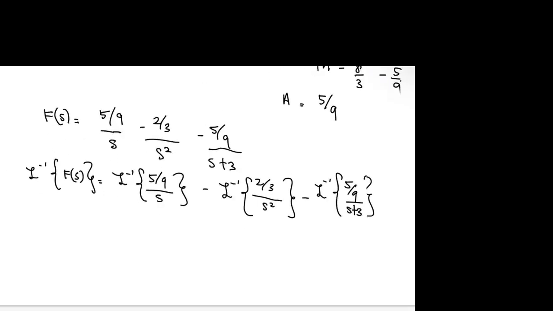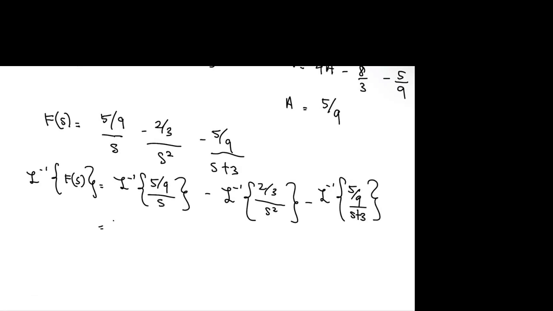Okay. So from here, 5 over 9 you can put aside. So here we have 1 over S. 2 over 3 we can put outside. So we have the inverse of 1 over S square. S square is 1 plus 1.